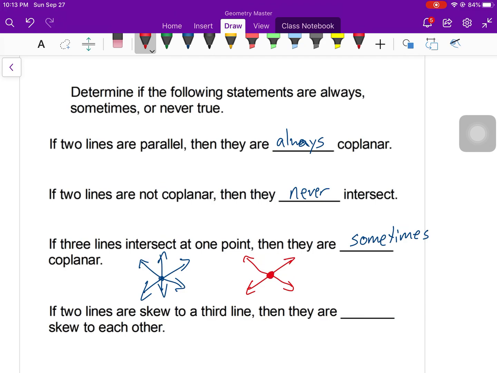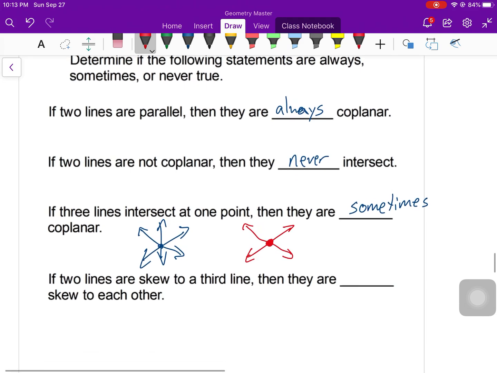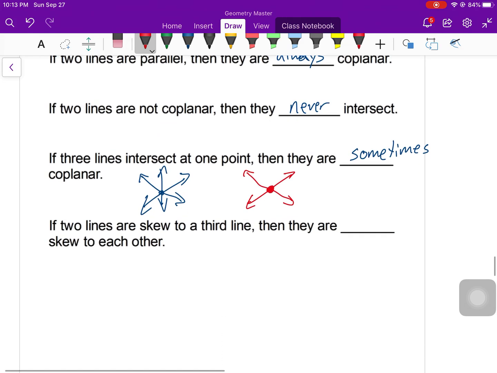And then if I stab my pencil right through that dot, there would be a plane that connects the two that I've drawn, a plane that connects one with the pen, and a different plane that would be connecting the other one. There'd be three planes necessary for those three lines. So that would be sometimes they're all coplanar.